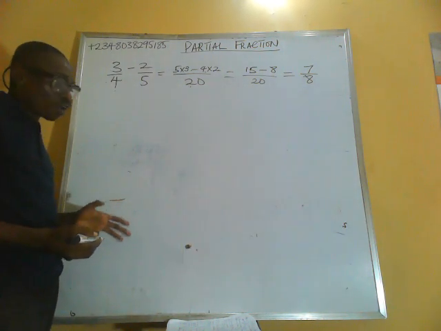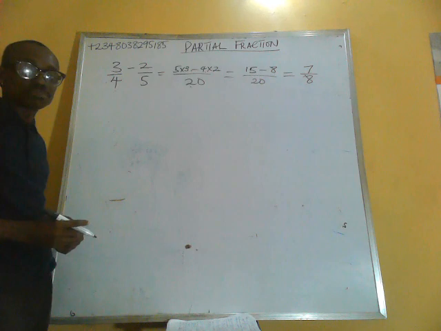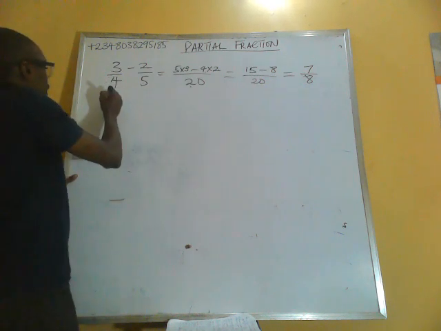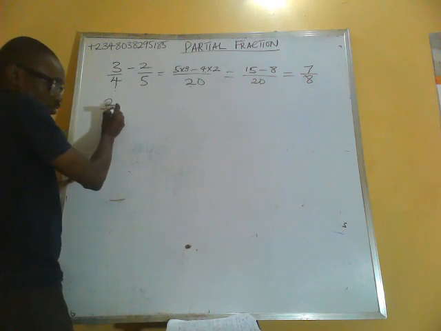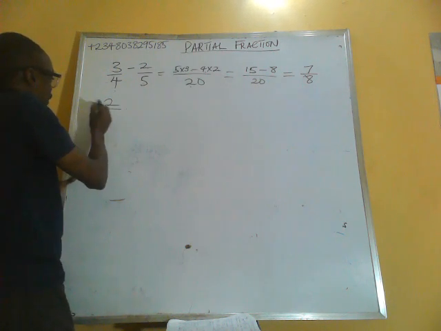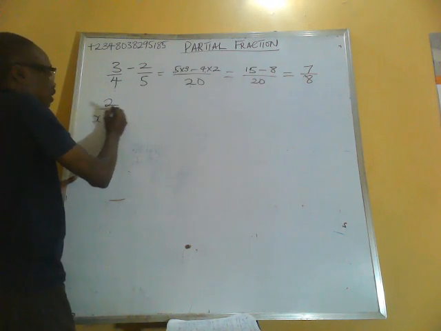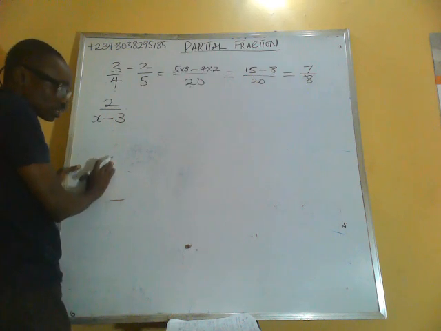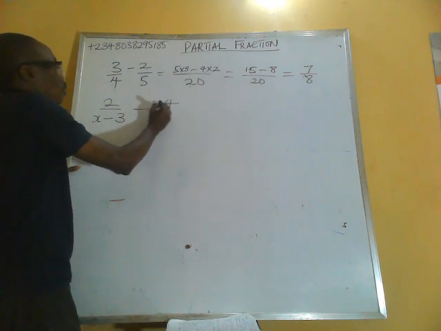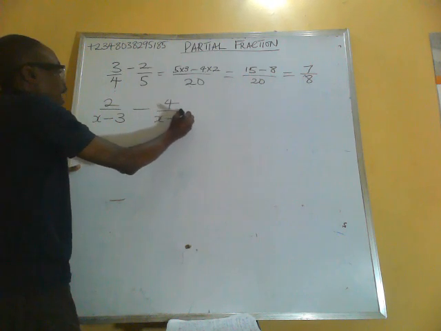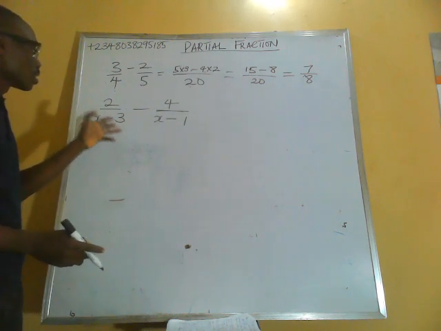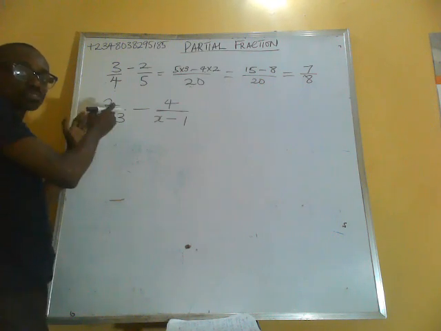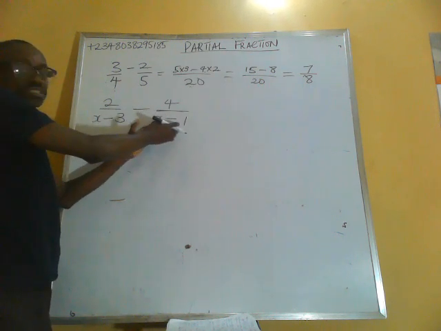Okay. Now, how about when you have an algebraic fraction such as 2 over x minus 3 minus 4 over x minus 1? You can similarly find the LCM of both denominators.